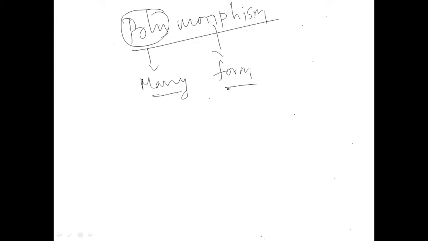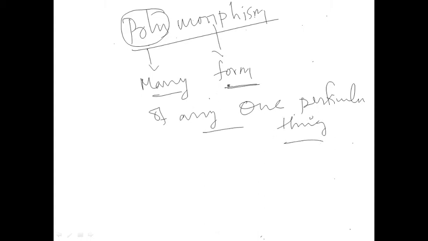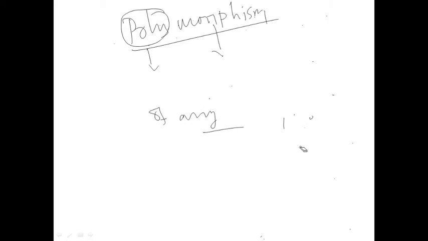So many forms or many versions of any one particular thing. So any one particular thing is having multiple forms. This is the definition of polymorphism, where one component will hold multiple forms.